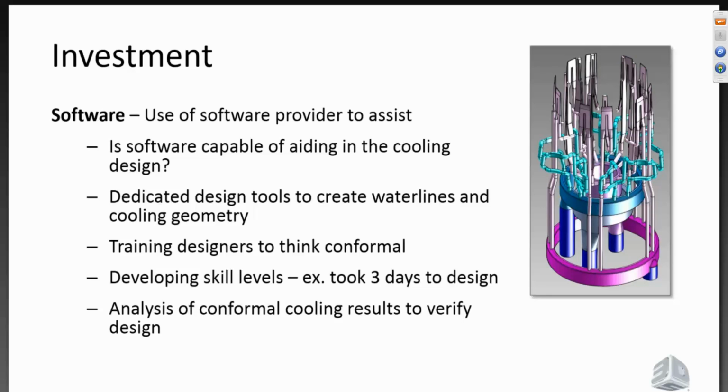Is the software itself capable of doing the type of geometry that we looked at, or is it just going to kind of get in the way, make it difficult? Does it have things that are dedicated to building conformal cooling lines, being able to check the geometry, and also being able to check the validity of the water circuit to make sure that you have a viable water line?